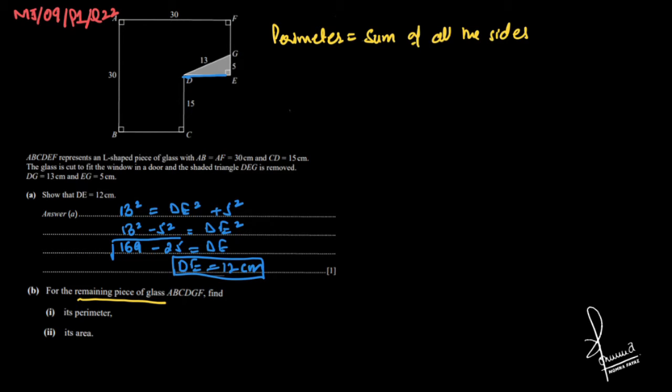So the remaining piece of glass, what are the lengths that have been left behind after cutting the triangle?